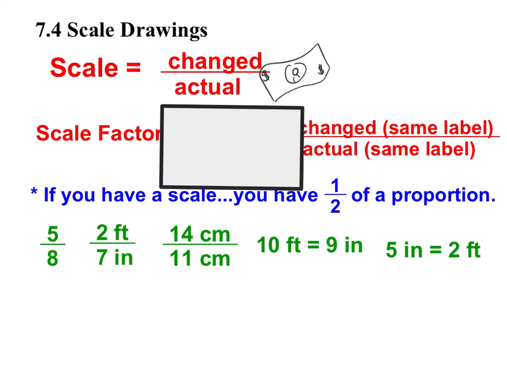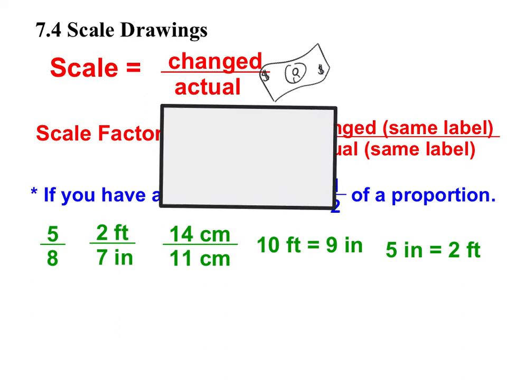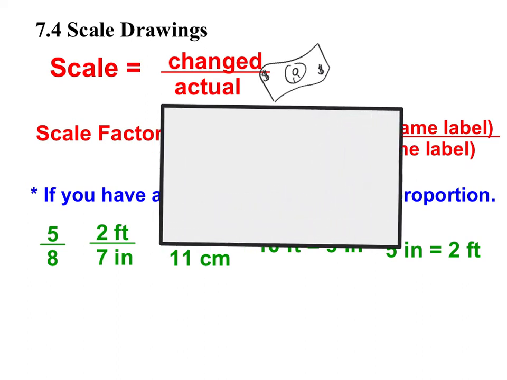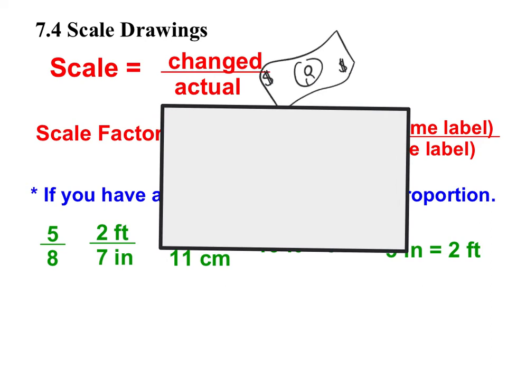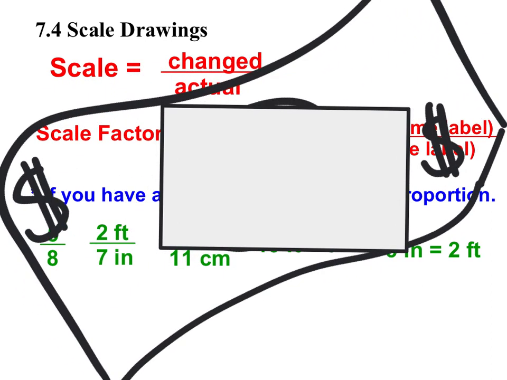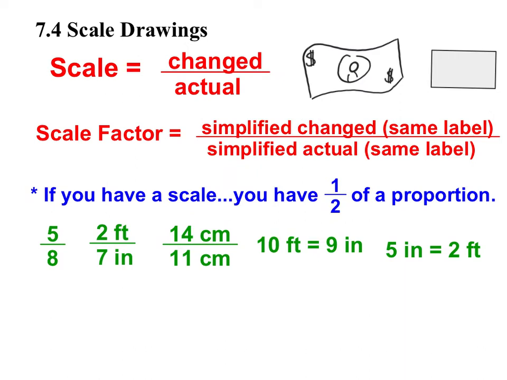If I want a proportional growth, I grab the corner and I drag diagonally like that, in the same way that I pinch and have it grow and shrink diagonally. That proportional growing and shrinking is a scale change. It's a change using a scale. So the scale is just that ratio of how much it is changed over actual, okay?